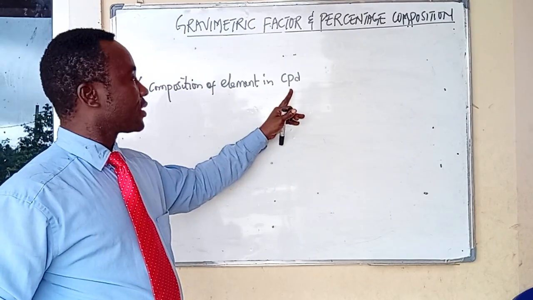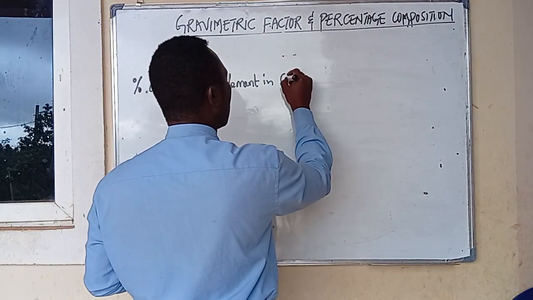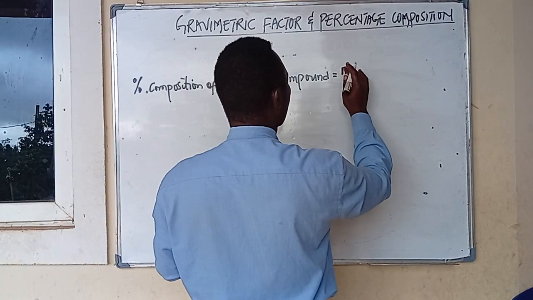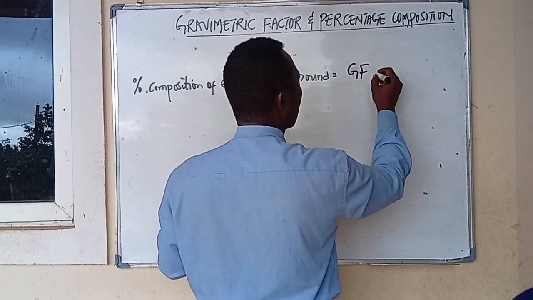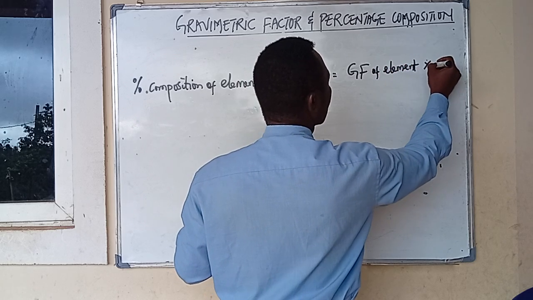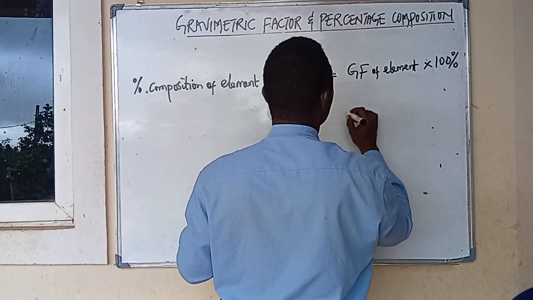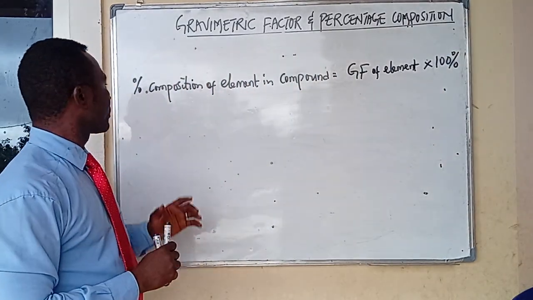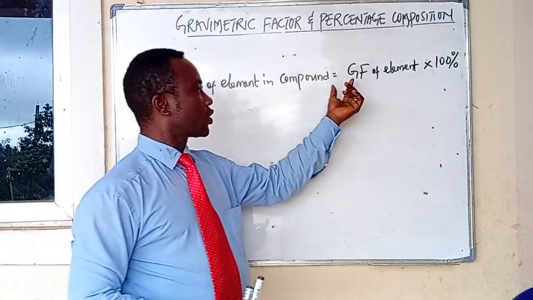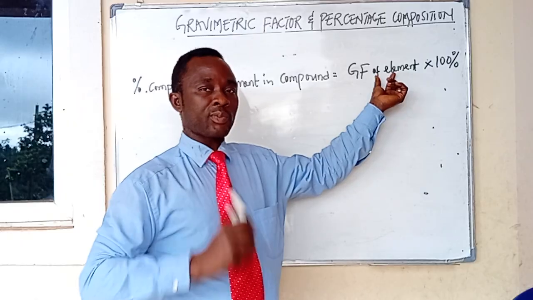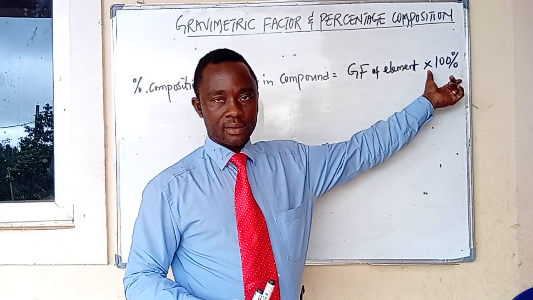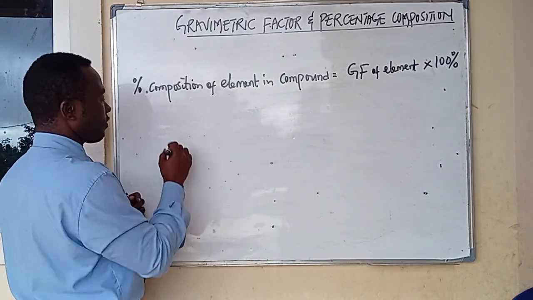Percentage composition of elements in compound is equal to GF of element times 100%. So that is how to get it. Remember, percentage composition of element in compound will be equal to gravimetric factor of that element with respect to the compound multiplied by 100%.